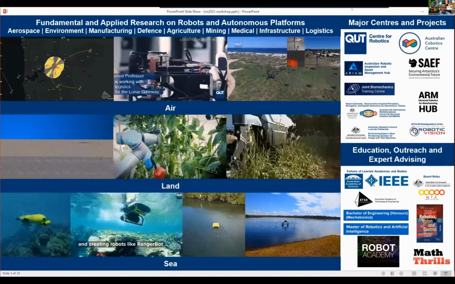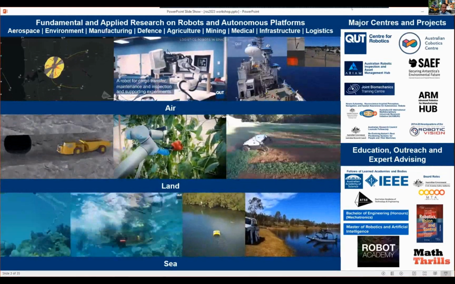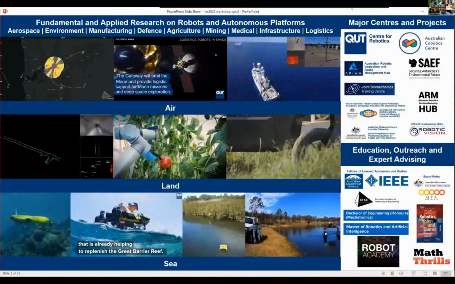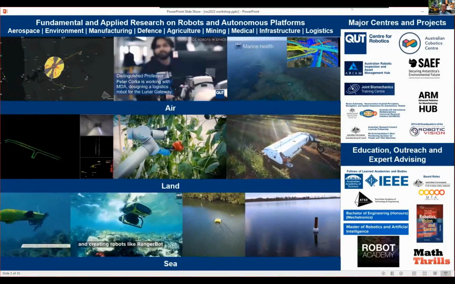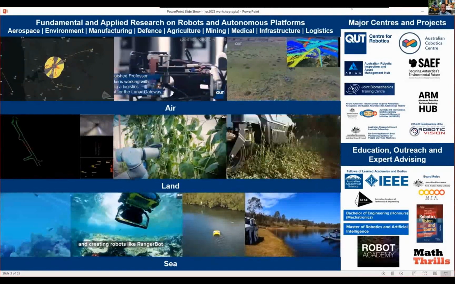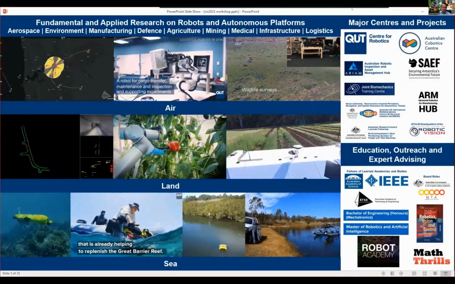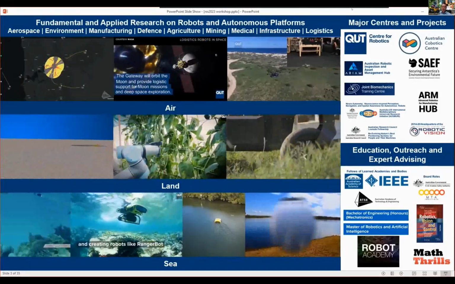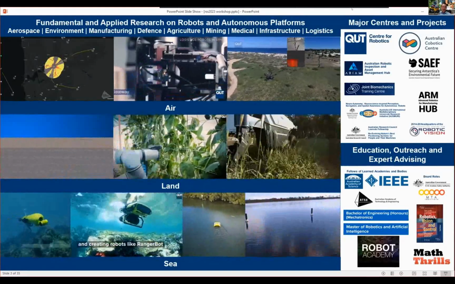So to briefly introduce ourselves, I am privileged to be joint director of a robotics research center called the QUT Center for Robotics. We are in Brisbane, Australia, over 100 people doing all sorts of fun and interesting and impactful robotics research. We work all the way from blue sky fundamental research to highly applied, highly commercialized research, and it's in autonomous systems in just about every single domain.